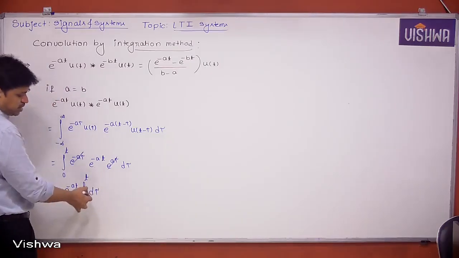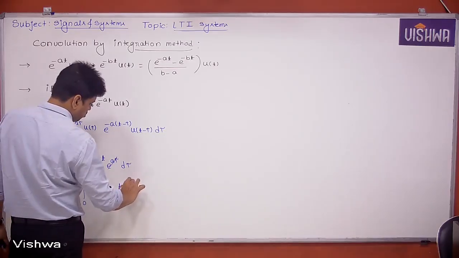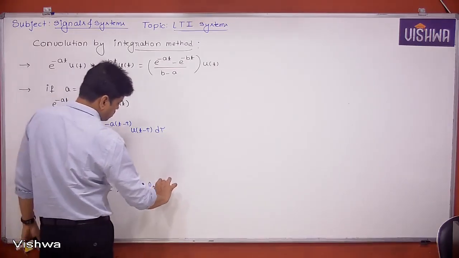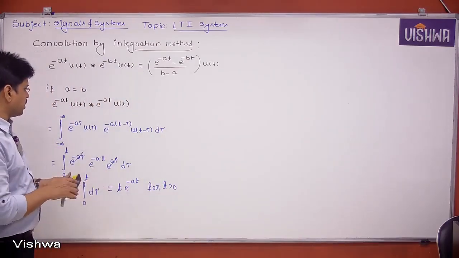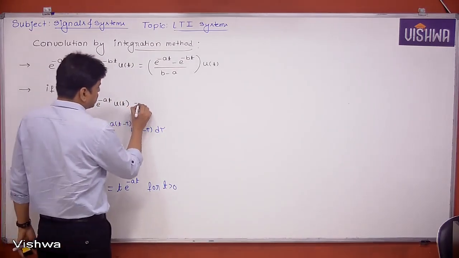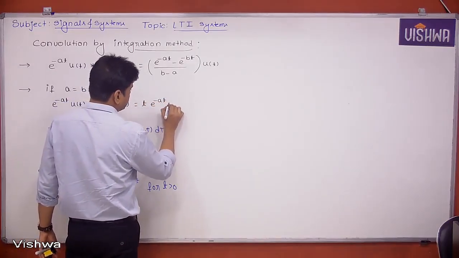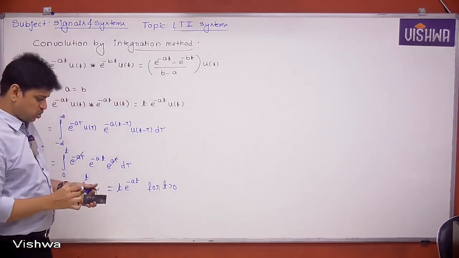If I integrate this, it results in t. So t e power minus at for t greater than 0. Finally, this result is nothing but t e power minus at u of t. I have written u of t because it is only for t greater than 0.